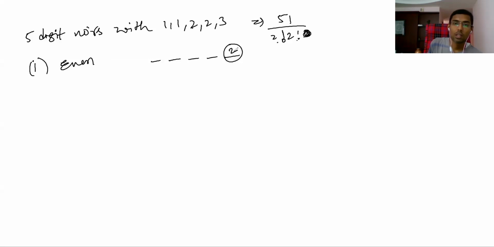Whichever 2 it is, they are the same, so not 2 ways, only 1 way. Then the remaining 4 digits can be arranged in 4 factorial by 2 factorial ways. So the total number of even numbers is this.